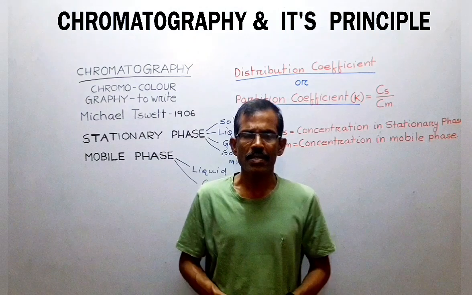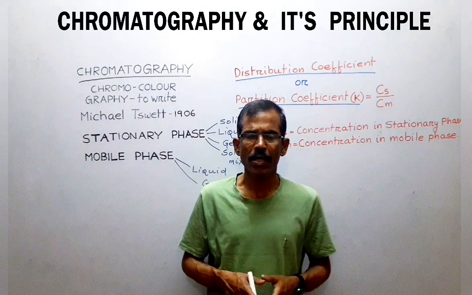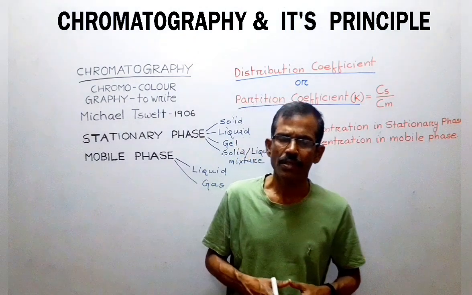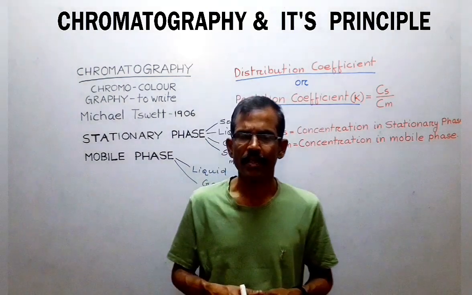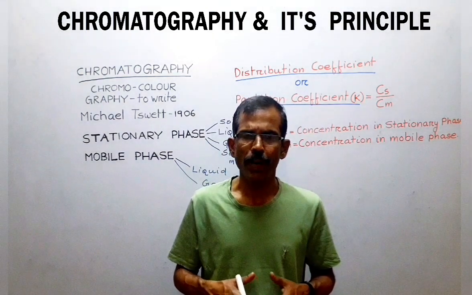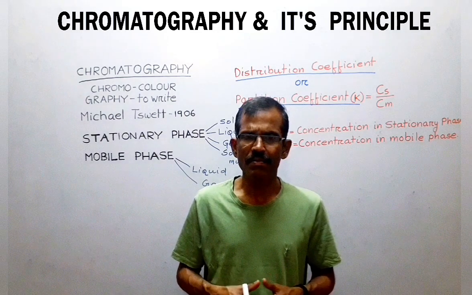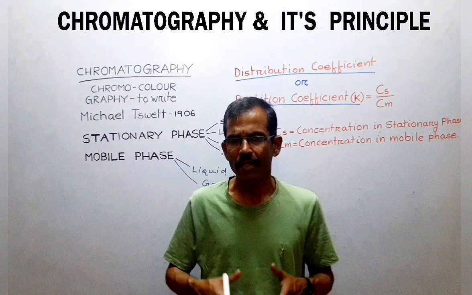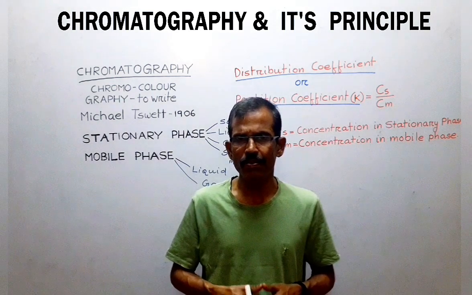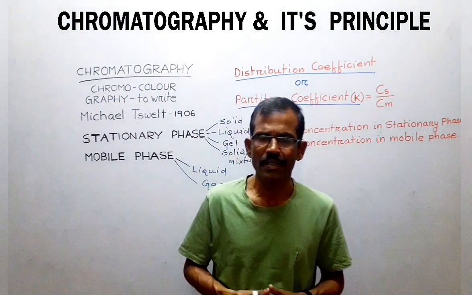The basic principle of all types of chromatographic methods is the distribution coefficient. It is also known as the partition coefficient. It is used to describe the way in which a solute partitions itself between two immiscible phases.